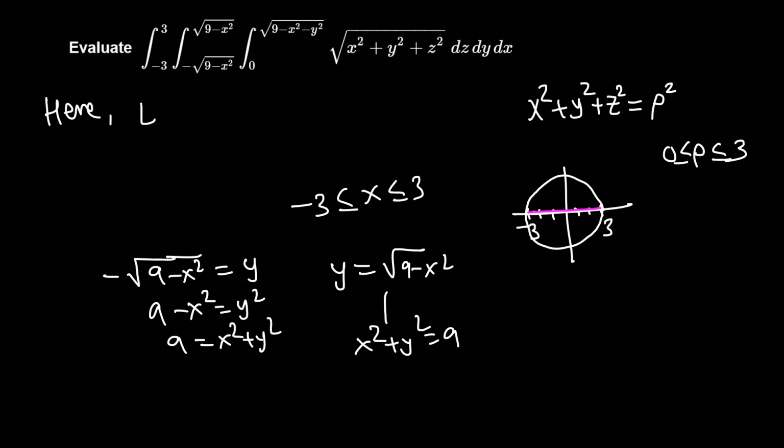The solid E is the set of all points, but we are converting into spherical, so that means rho, theta and phi, such that rho is in between 0 and 3. And looking at this projection, we go 360 degrees. That means theta is 0 to 2 pi.